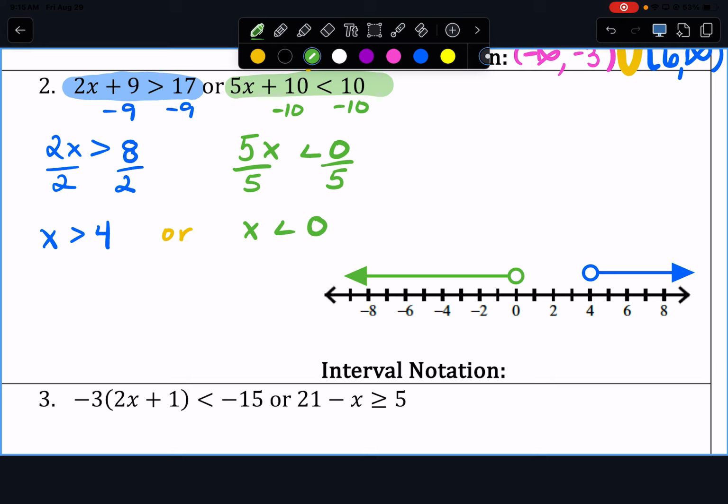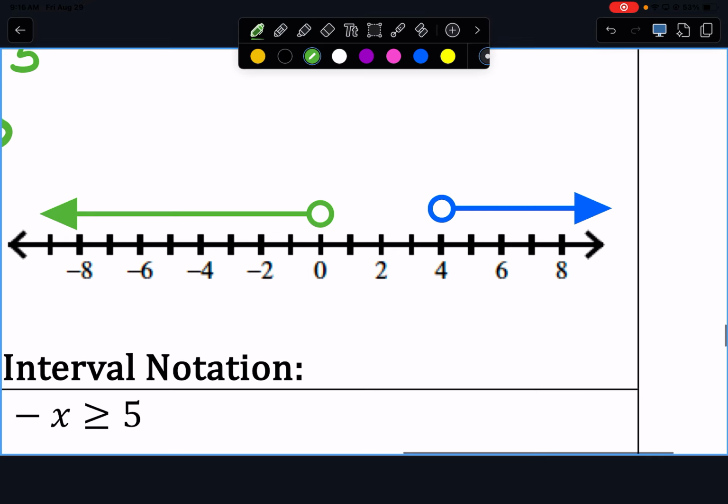So this graph, which piece do I need to put first in the interval notation? The green piece or the blue piece? The green piece, because it comes first left to right. We go left to right every single time. So let's do the green piece's interval notation. How would I write the interval notation of that?